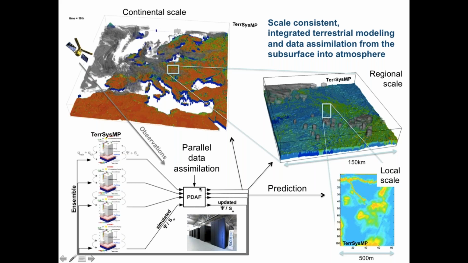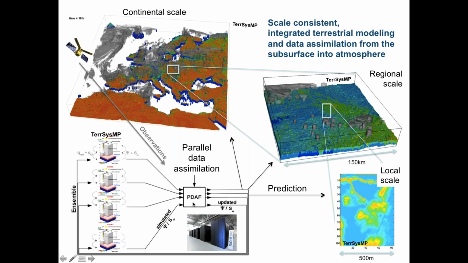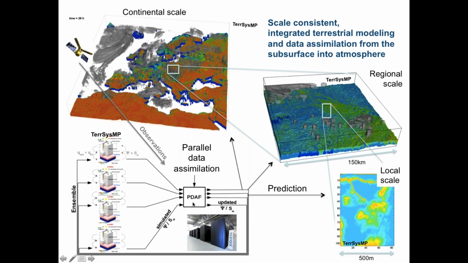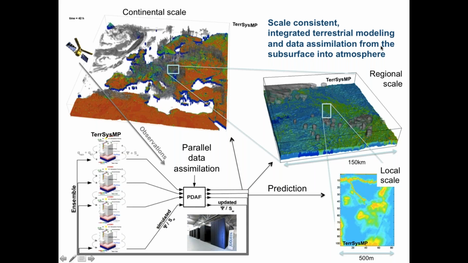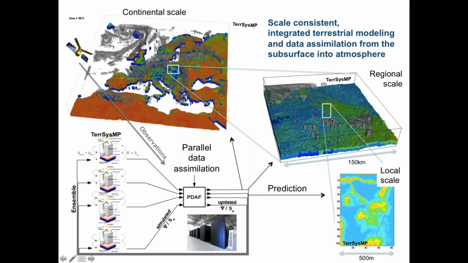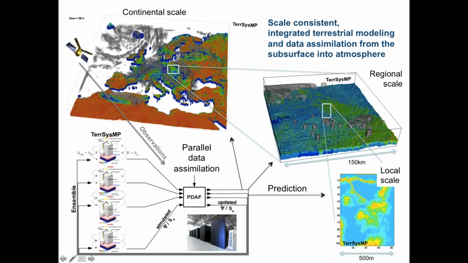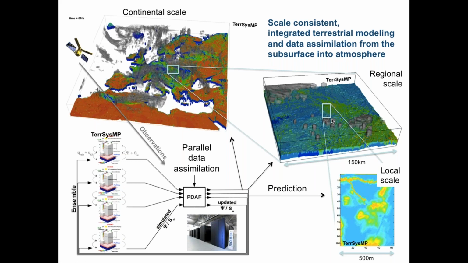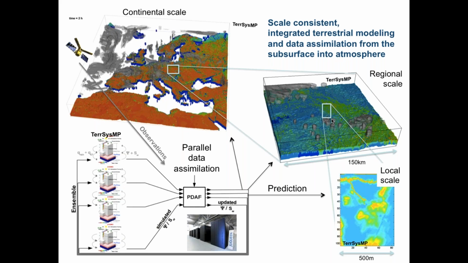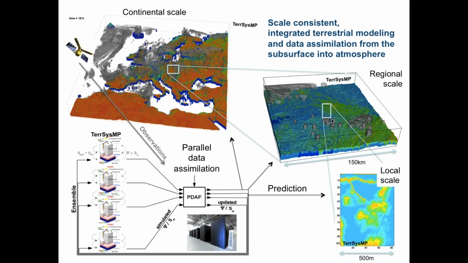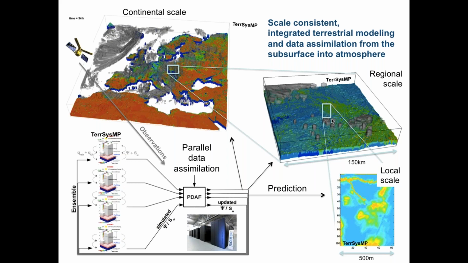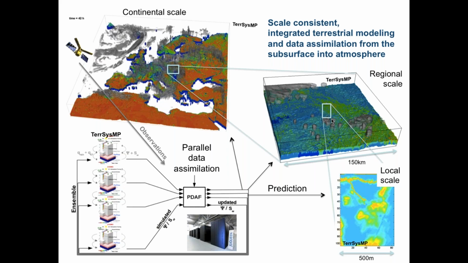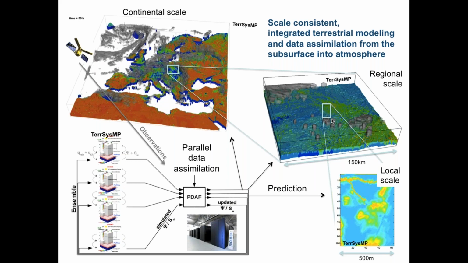We want to do this via efficient parallel data assimilation technologies, and this way come up with a scale-consistent, integrated terrestrial modeling and data assimilation system from the subsurface into the atmosphere, where we can generate best estimates of the current water state and also energy state of the system, including uncertainty bands, that we can then use to initiate short-term forecasts, seasonal forecasts, and also long-term projections.